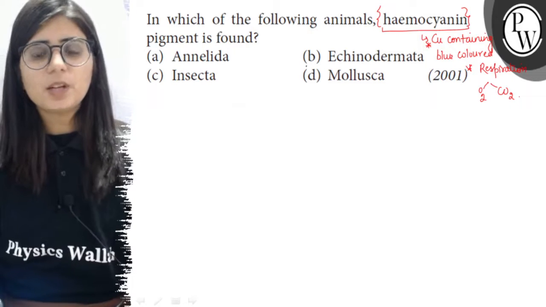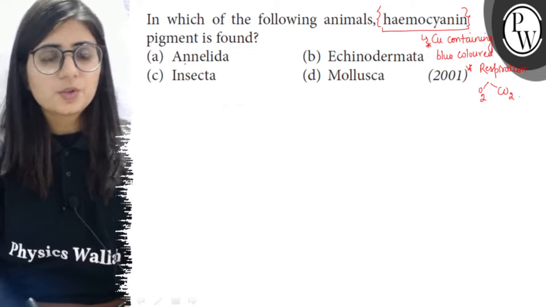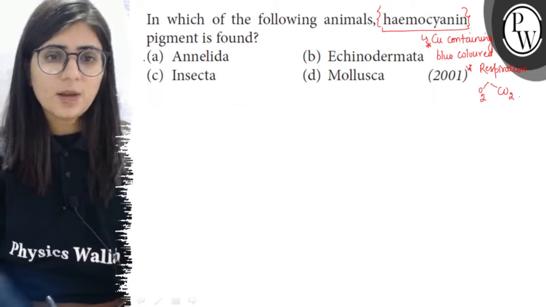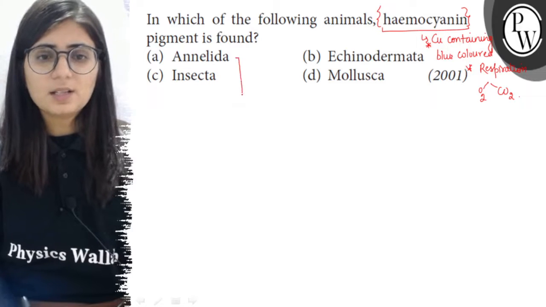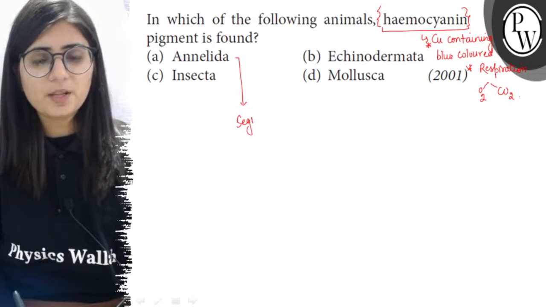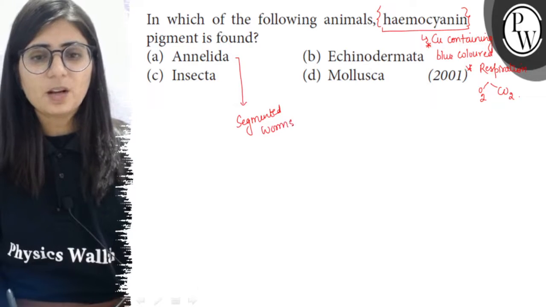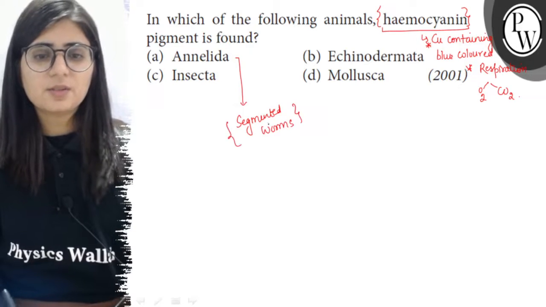So it is found in which of the following groups? The first is annelids. Annelids are the animals which have a segmented body. These are called the segmented worms, and these include earthworms, leech, nereis.